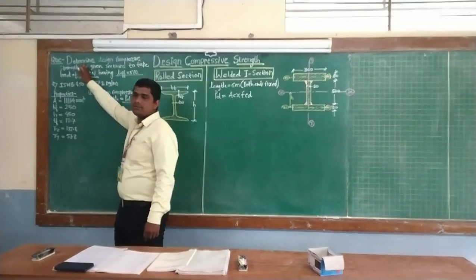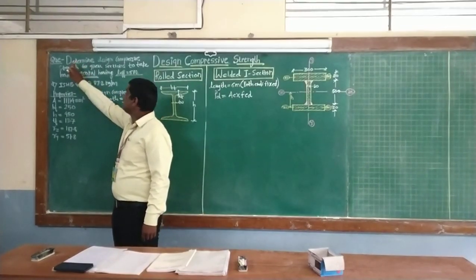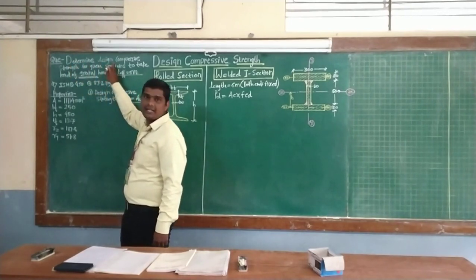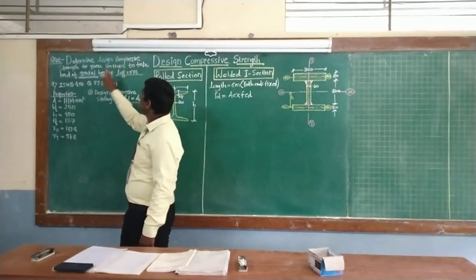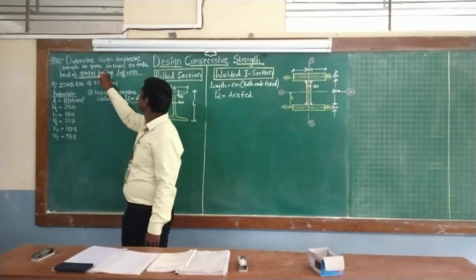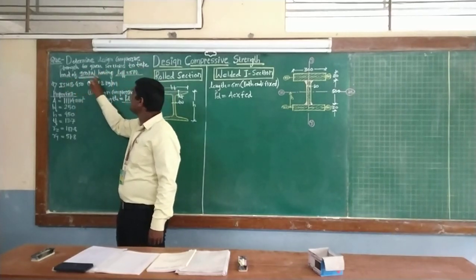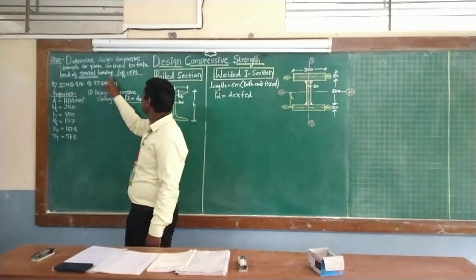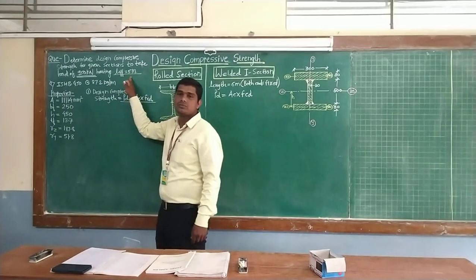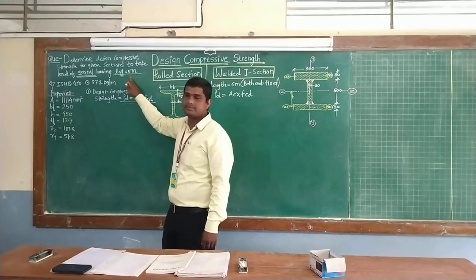Today we are going to solve the numerical to determine the design compressive strength for a given section to take a load of 950 kN having L effective equal to 5 meter.